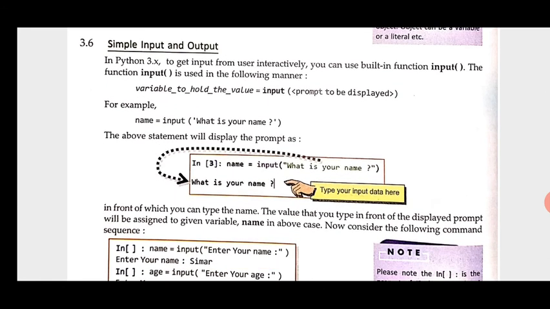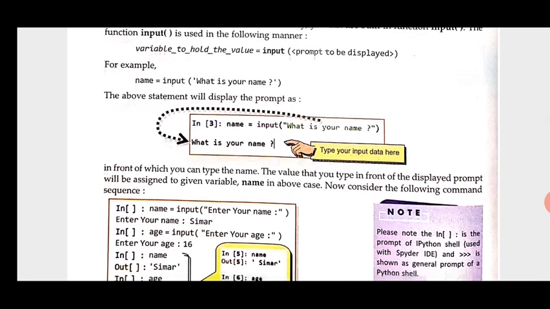Next topic is simple input and output. Both input and output are functions of Python. In Python, to get input from users interactively, the input function is used. For example, name is equal to input, "what is your name". But the input function always returns a value of string type.